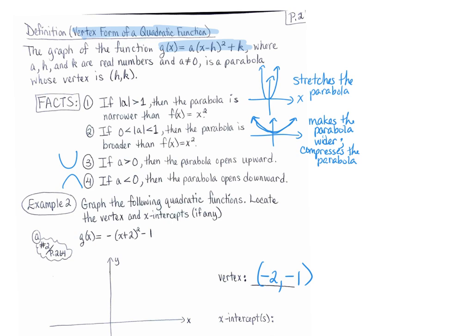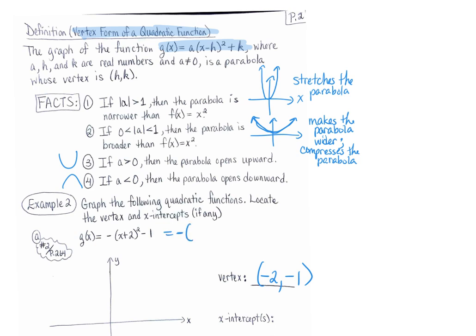So you notice here, your form says a times the quantity x minus h squared plus k. So here, this is a plus, which means you're subtracting a what?